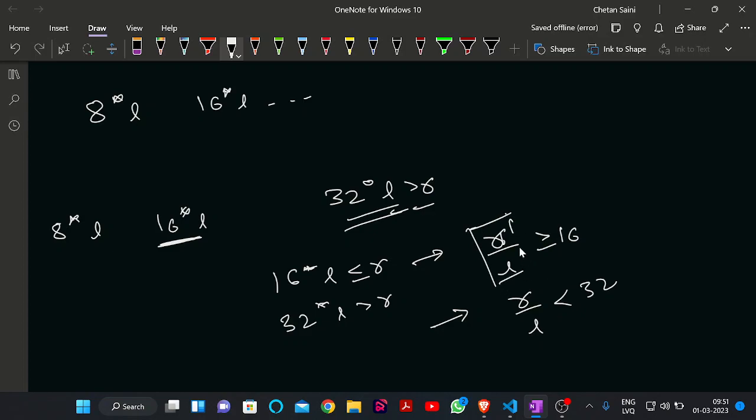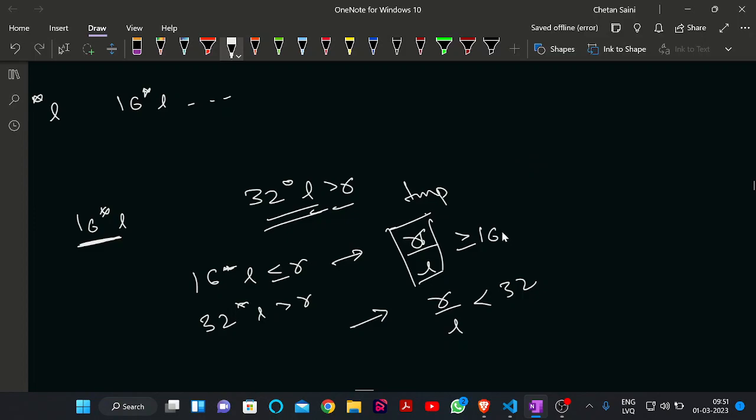If I say it like a term, then what can be the range of our term? It ranges between 16 to 32. So 16, 17, until 31.